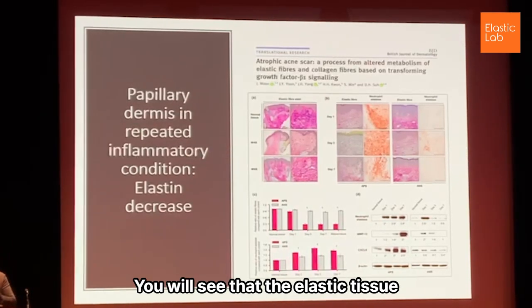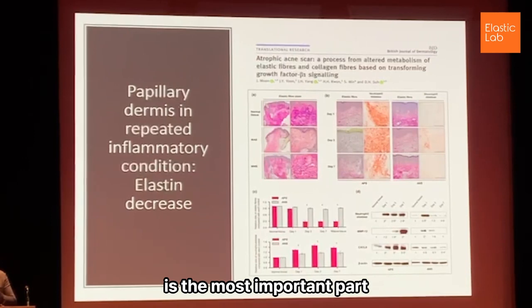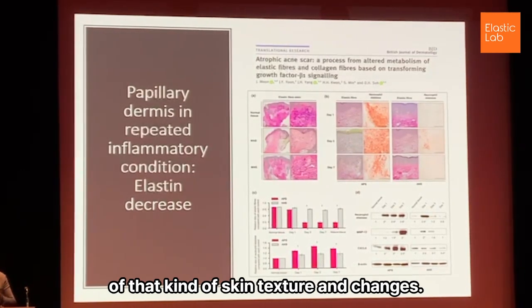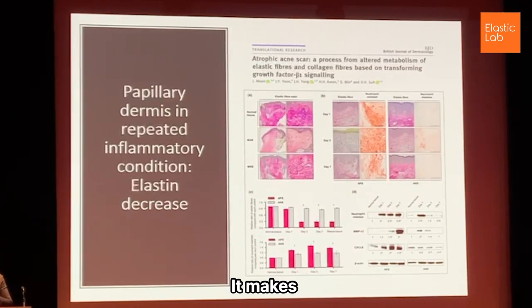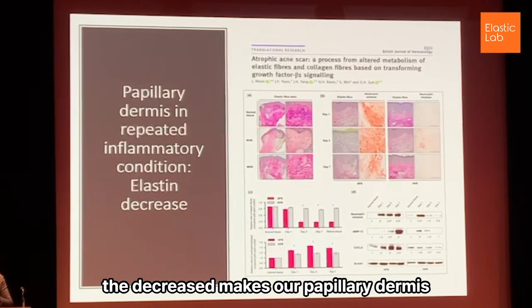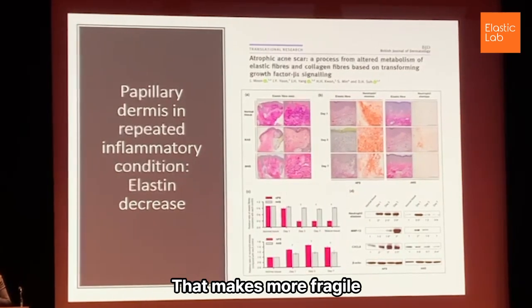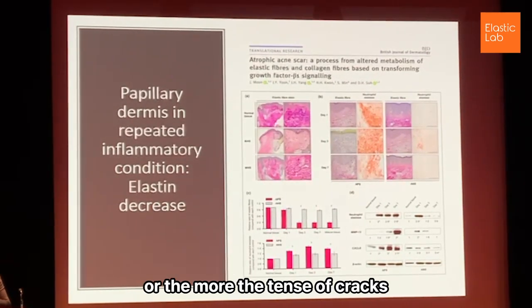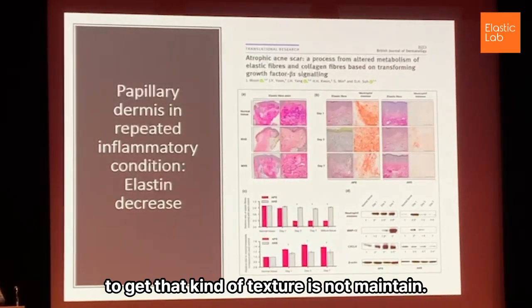You will see that the decrease of elastic tissue is the most important part of skin texture changes. It decreases our rete ridges. It makes our papillary dermis more flattened. That makes it more fragile, and the tensile strength decreases so the texture is not maintained.